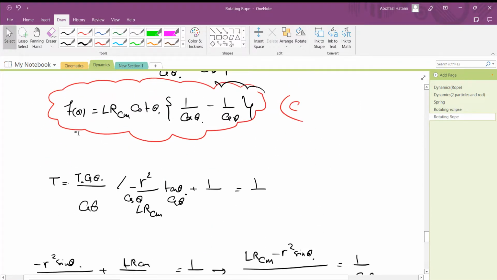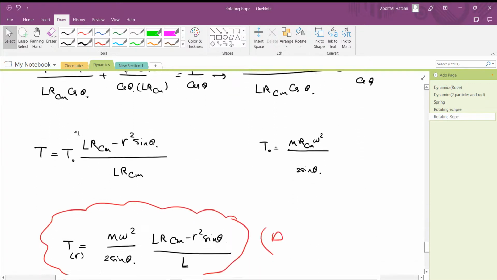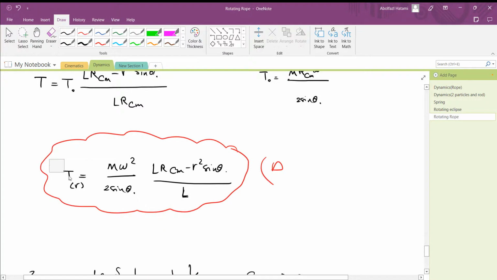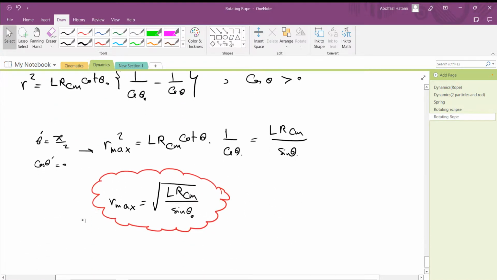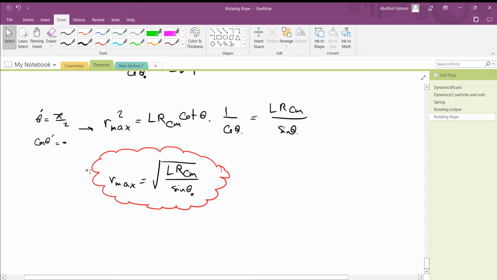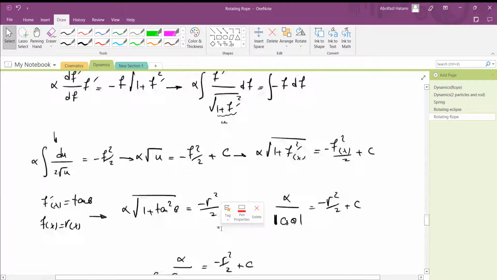We found the distance of each point of the rope from line AB as a function of theta, and we also found T, the tension, as a function of the distance of each point from the line AB, and at last we found the maximum distance which the rope has from the line AB.